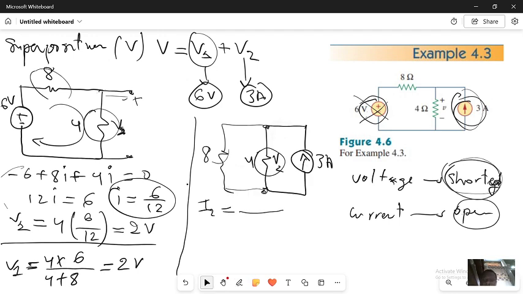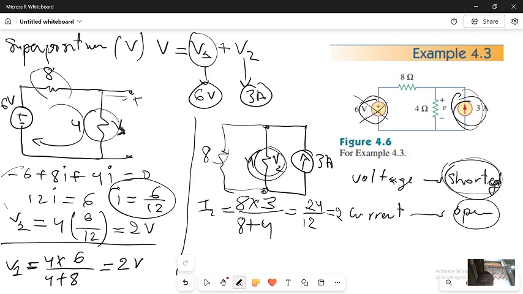We saw in the previous video: I will take the opposite resistor. So I will have 8 multiplied by the current source 3, divided by 8 plus 4, which gives me 24 divided by 12, which equals 2 ampere.